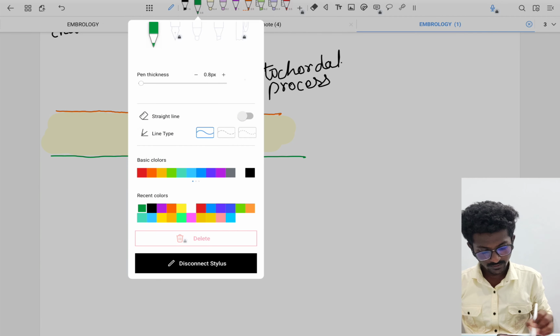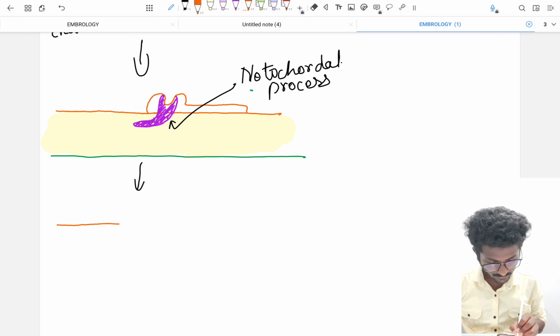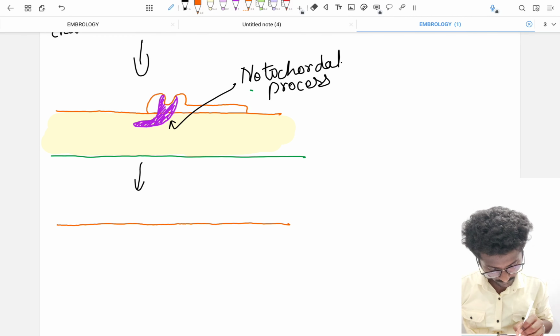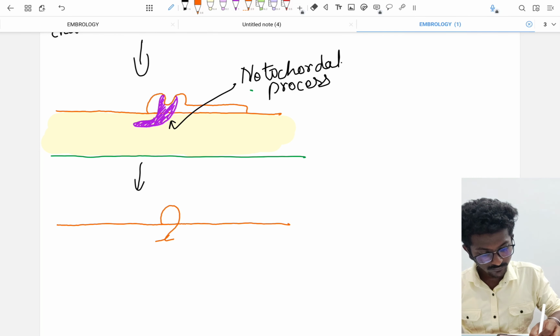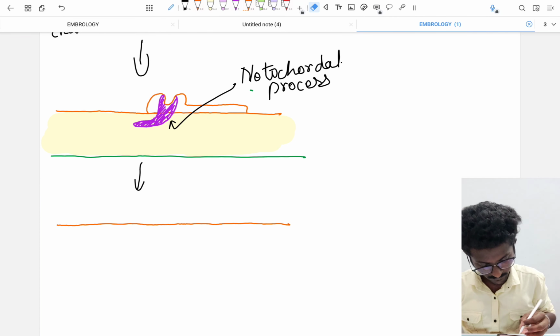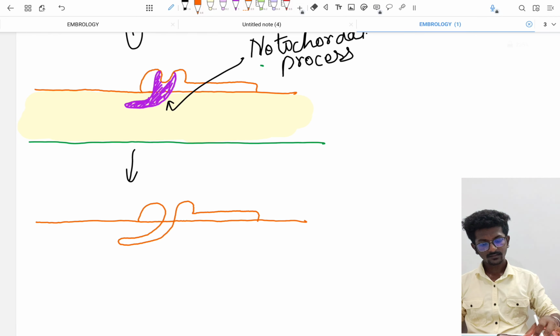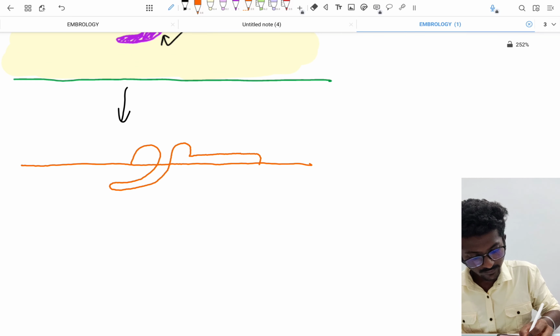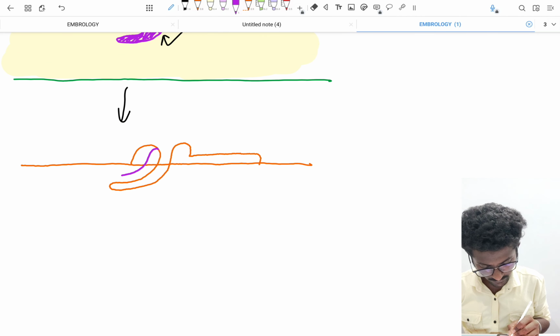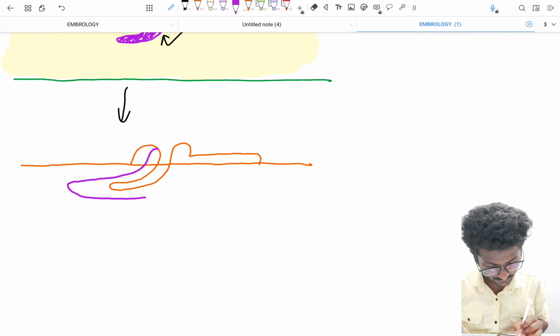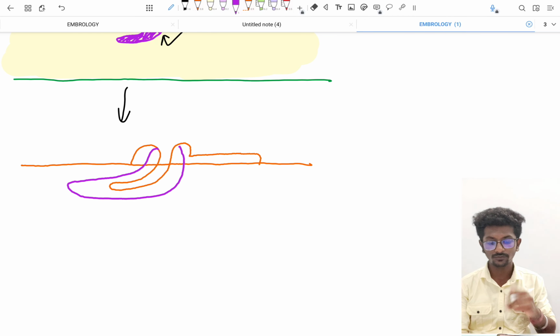Again we have this ectoderm, then the primitive node, and now here we will be having the notochordal process, which has now extended more towards the prochordal plate.